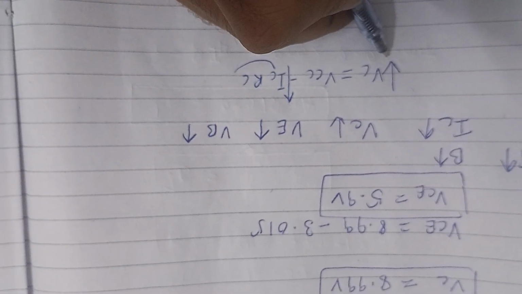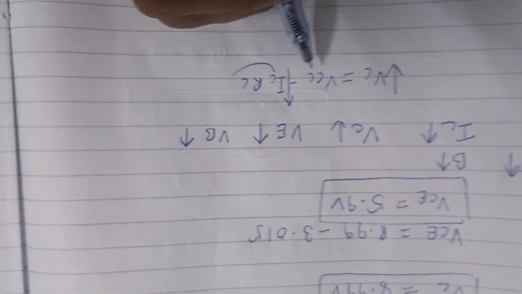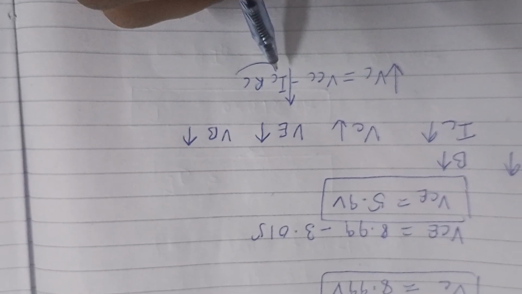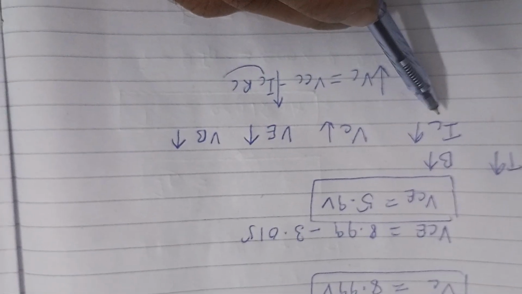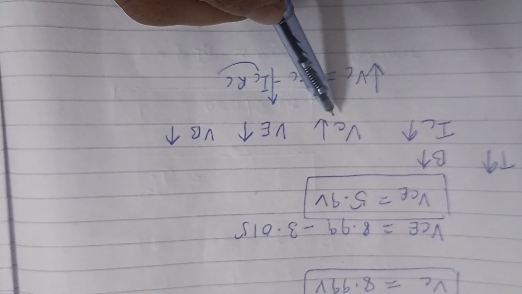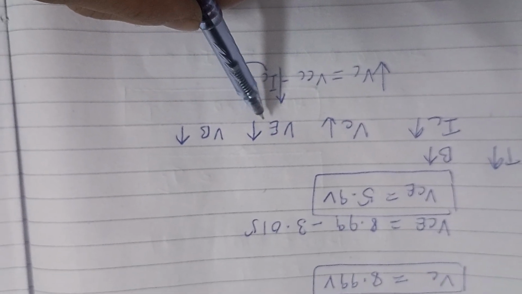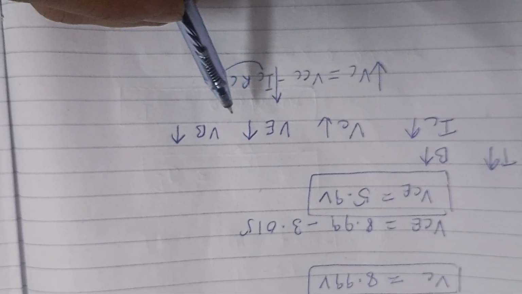You can say they have an inverse relation: if one increases, the other decreases. So as the collector current increases, the collector voltage decreases and the emitter voltage increases. Why?